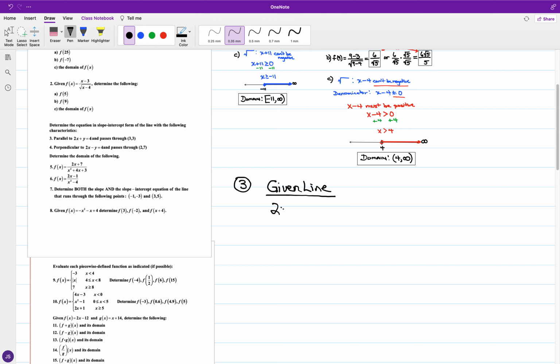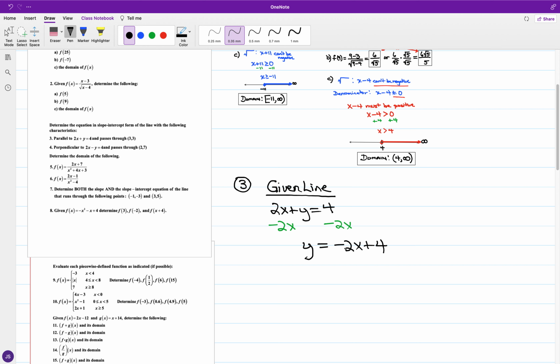In the case of the given line, again we have the standard equation 2x plus y is equal to 4, and I have to find out what the slope is going to be. So if I rewrite it in slope-intercept form, we're going to have y is equal to negative 2x plus 4.